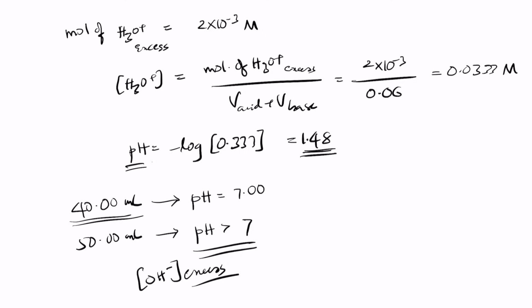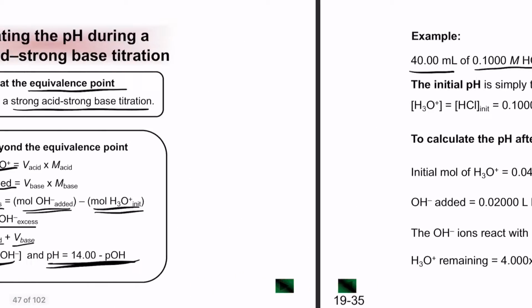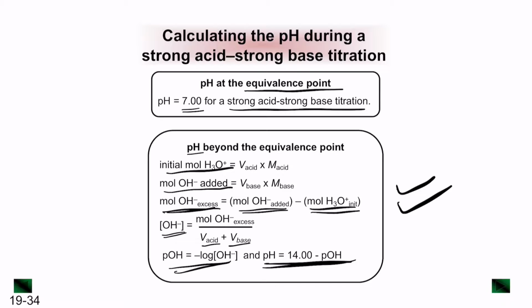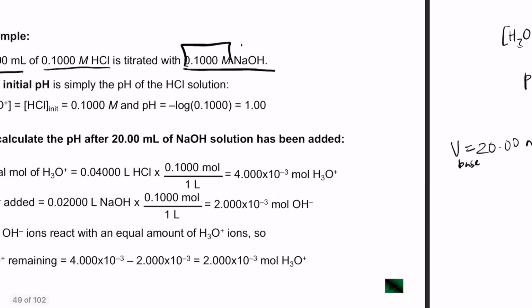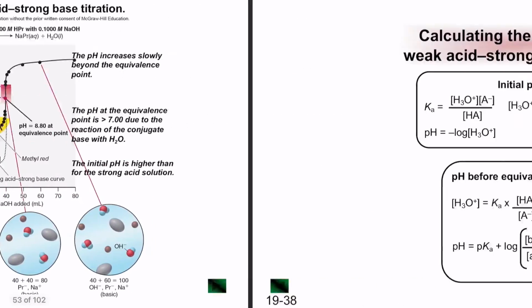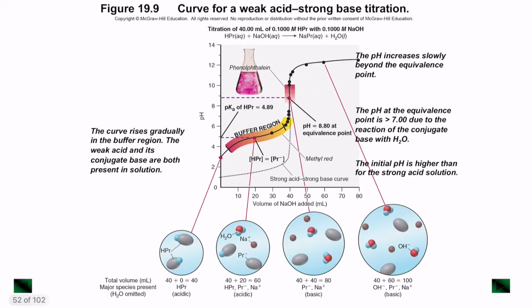So for the excess amount of OH minus present, first calculate pOH. So using these formulas, beyond the equivalence point, calculate the pH finally. So this is how you can calculate the strong acid, strong base titration of an acid.